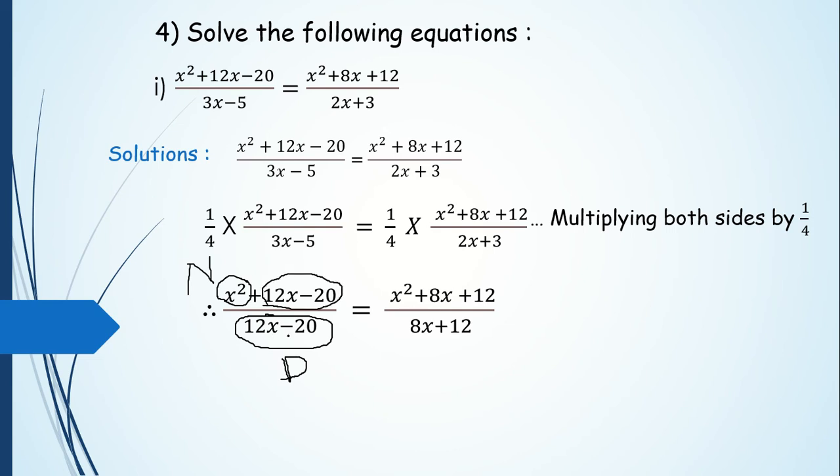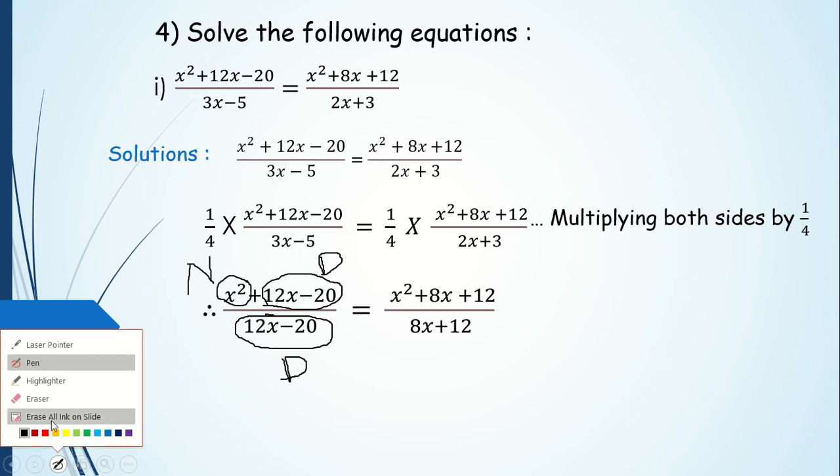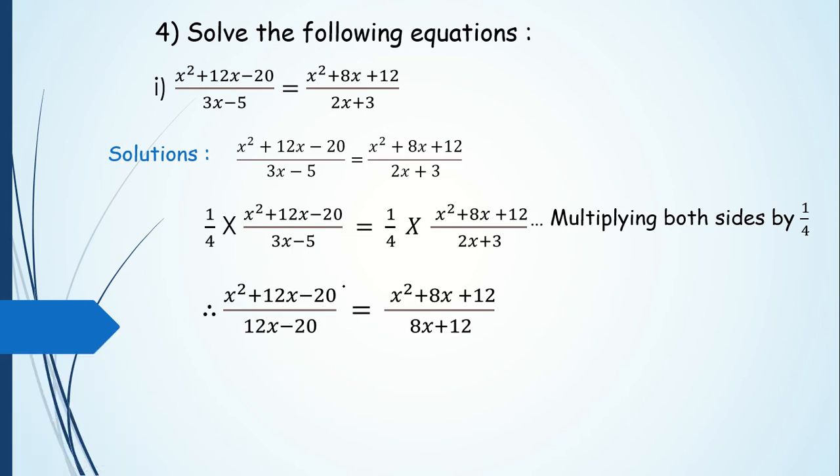Look here, 12x − 20, 12x − 20. So this looks like numerator plus denominator upon denominator. In the ratio, we can find componendo. Numerator plus denominator upon denominator is componendo, right?